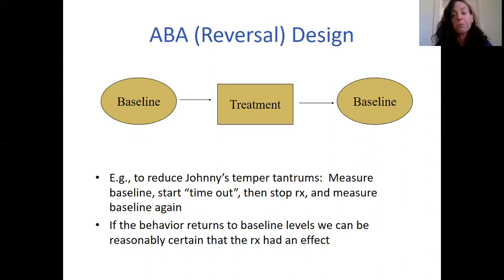We look at the number of temper tantrums he has in that B condition, the treatment condition, and then we reverse it back to baseline. And what we should see is that his temper tantrums start high, they go down, and then they go up again. If the behavior returns to baseline level, then we can be pretty sure that the timeout was working. And so that kind of takes care of that problem of the history effect.